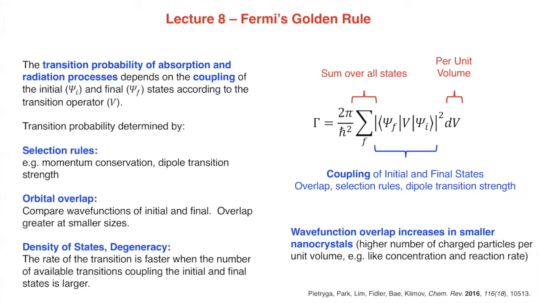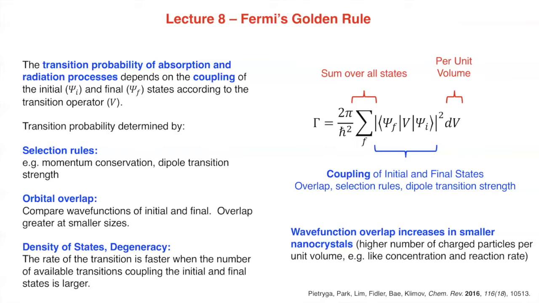Okay, so if you want to calculate the likelihood of an optical transition, you have to consider the overlap of the wave functions of the initial and the final states, and then the operator that acts on that overlap integral to determine the function of interest. And the function of interest here is the transition probability, or the radiative probability, or the probability of undergoing absorption.